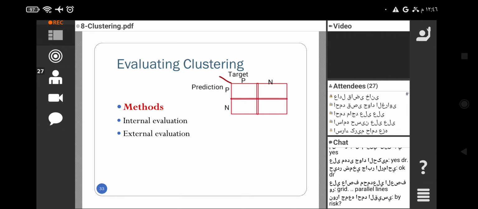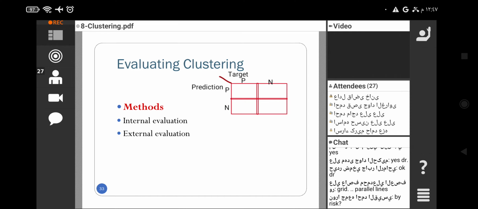Prediction is the output of the data mining. So we have a target, positive, negative, and we have prediction, positive, negative. As I said, the data has two classes, one of them is positive, one of them is negative.